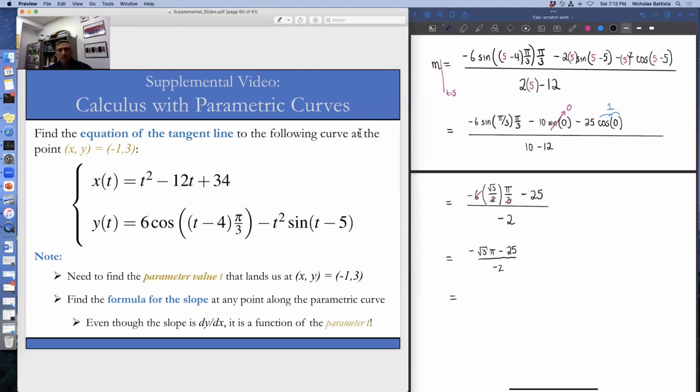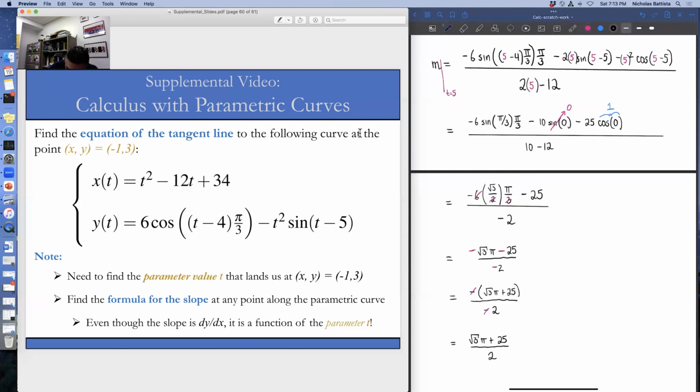And if we wanted to, you might notice every single term in the numerator and denominator has a minus sign in front of it, so we could factor that out of the numerator. So we have a square root of 3 times pi plus 25 with the minus sign out in front. We have that minus sign out in front of the 2 in the denominator, and we basically can cancel those minus 1s. So the slope in this case looks like square root of 3 times pi plus 25 all over 2.